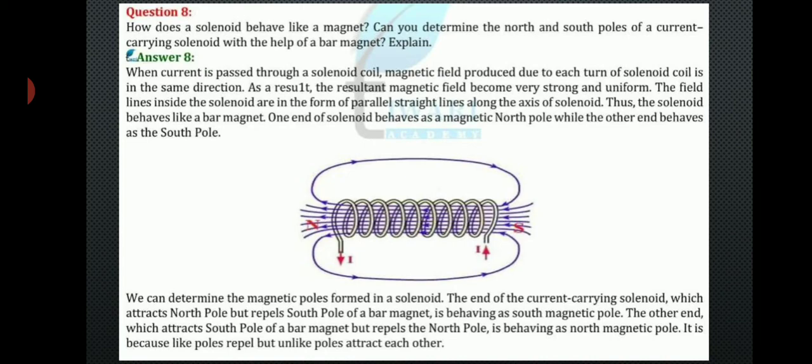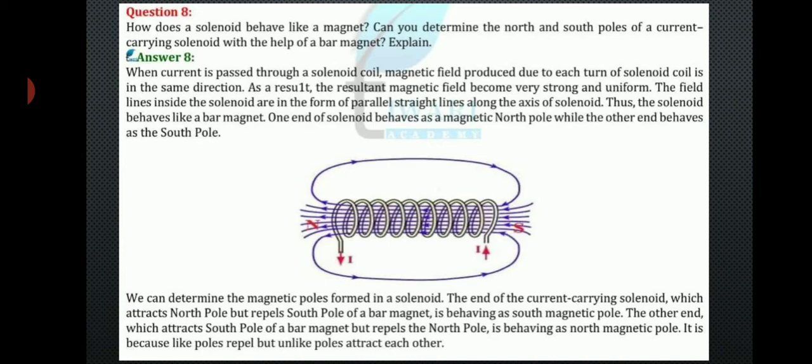As a result, the resultant magnetic field becomes very strong and uniform. The field lines inside the solenoid are parallel straight lines along the axis of the solenoid. Thus, the solenoid behaves like a bar magnet. One end behaves as a north pole and the other end as a south pole.